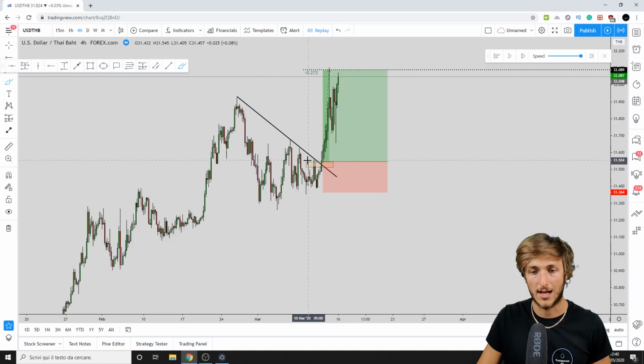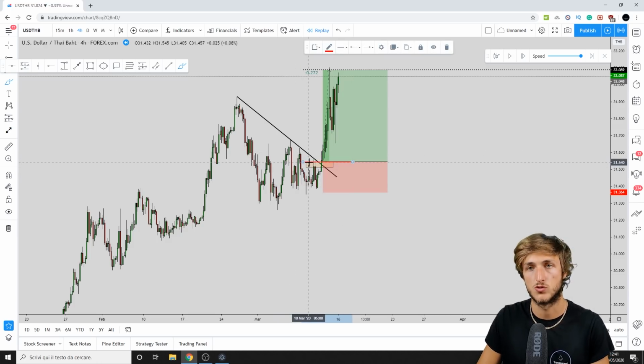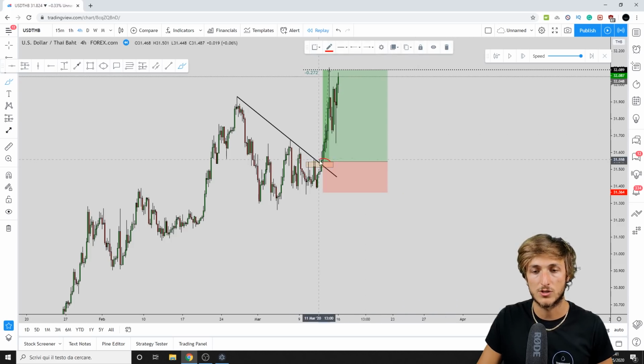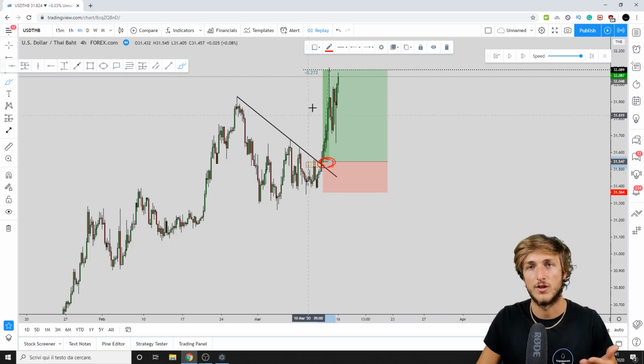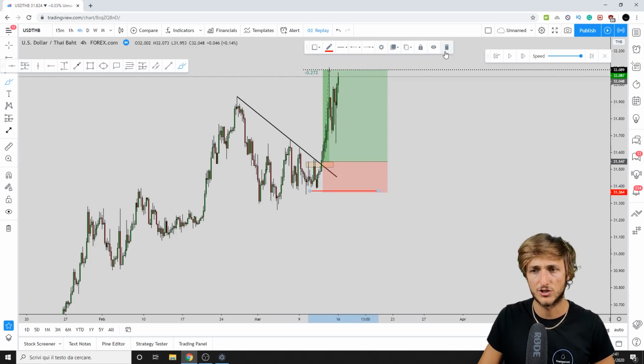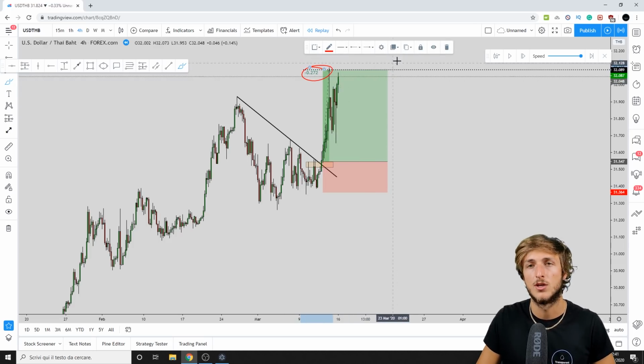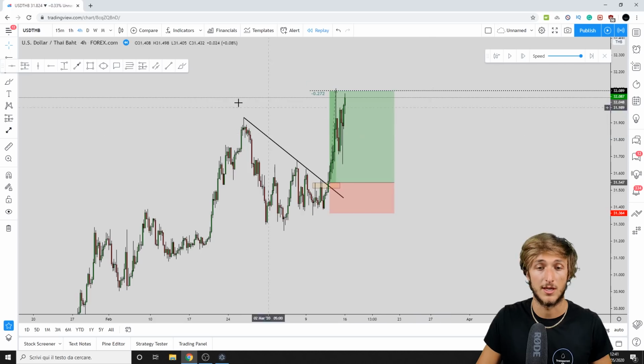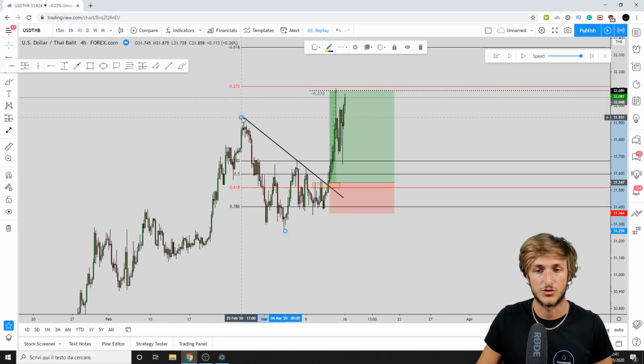The market broke it to the upside, also broke this structure, previous resistance, turned support, creating a confluence of support after the break of this counter trend line. We entered on the break, stopped below the low, protected by structure, and take profit at the minus 0.272 Fibonacci level, taken obviously on the retracement.